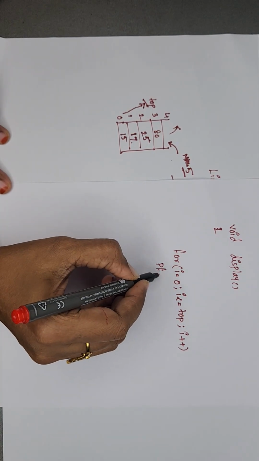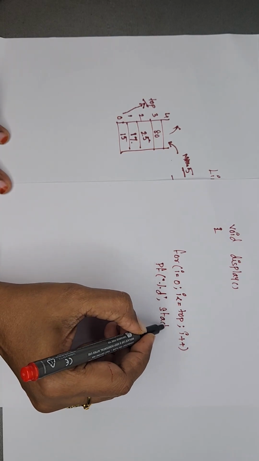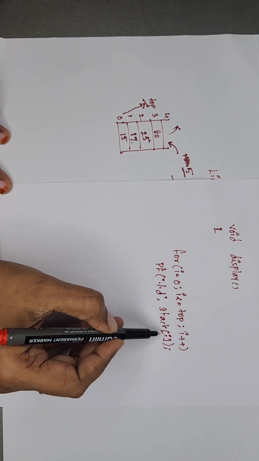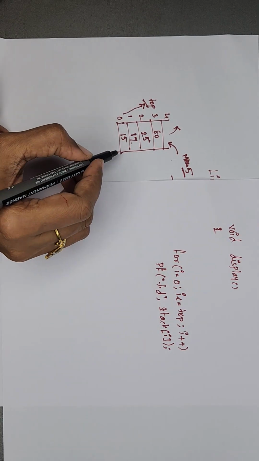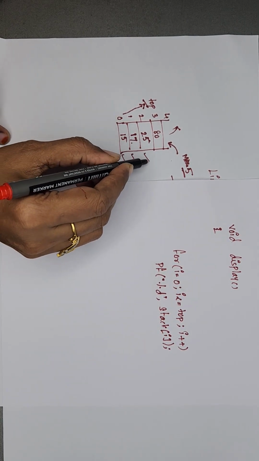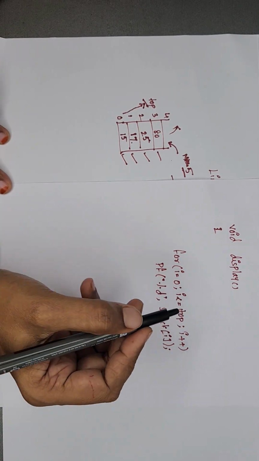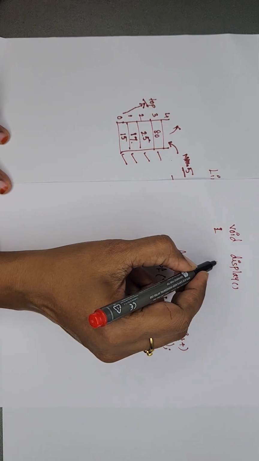So printf %d stack of I. Initially I starts from 0, so stack of I means stack of 0. Next time I incremented by 1, stack of 1. So first it will print 15, 17, 25 and 80. Like this we have to print all the elements. Again in display also, if stack is empty we cannot display the elements.